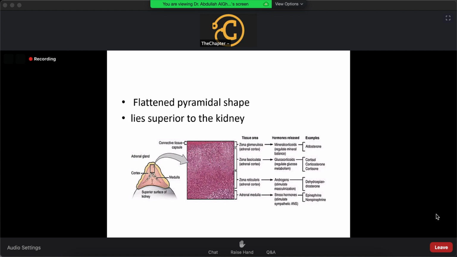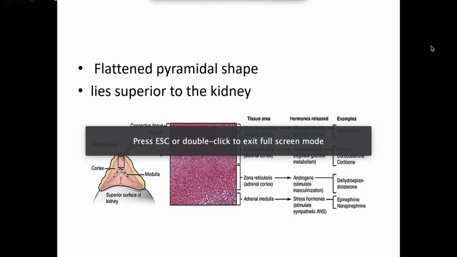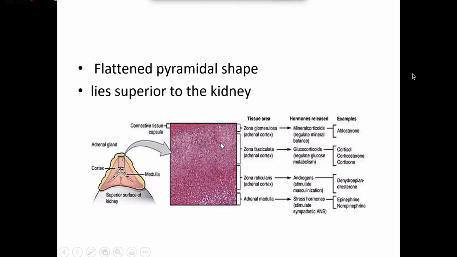The shape of the glands is different, could be V shape, Y shape, H shape, pyramidal shape. Histologically, there are two different histological types of the adrenal gland, the cortex and the medulla. The cortex, the outer layer is the zona glomerulosa, the middle layer is the zona fasciculata, and the inner layer is the zona reticularis.